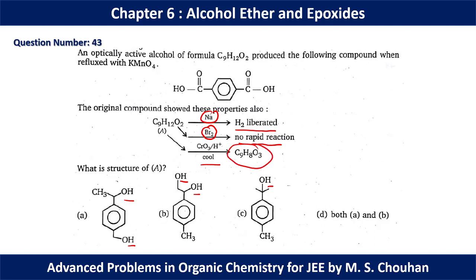Initially we have two oxygens and finally we have three oxygens. So here oxidation is not possible because there is no hydrogen. So option C cannot be our case.